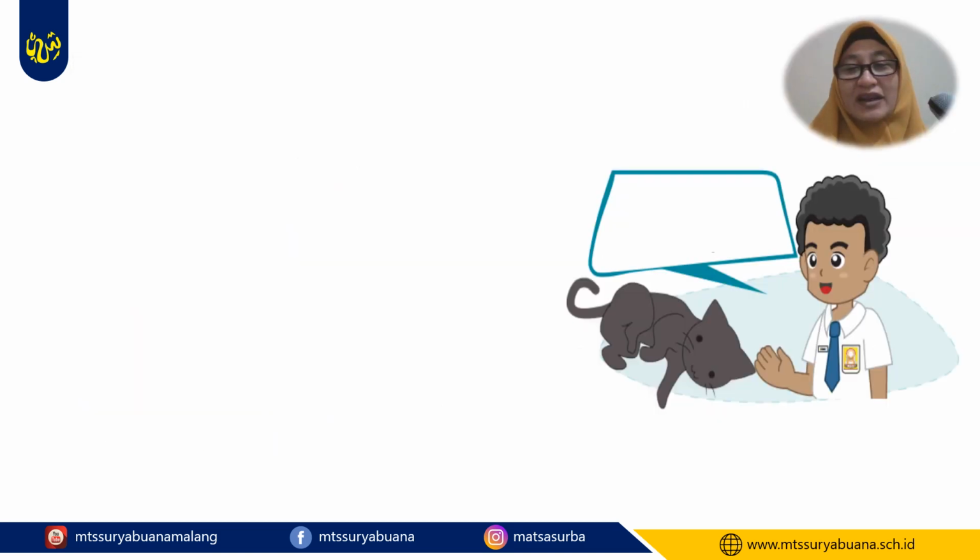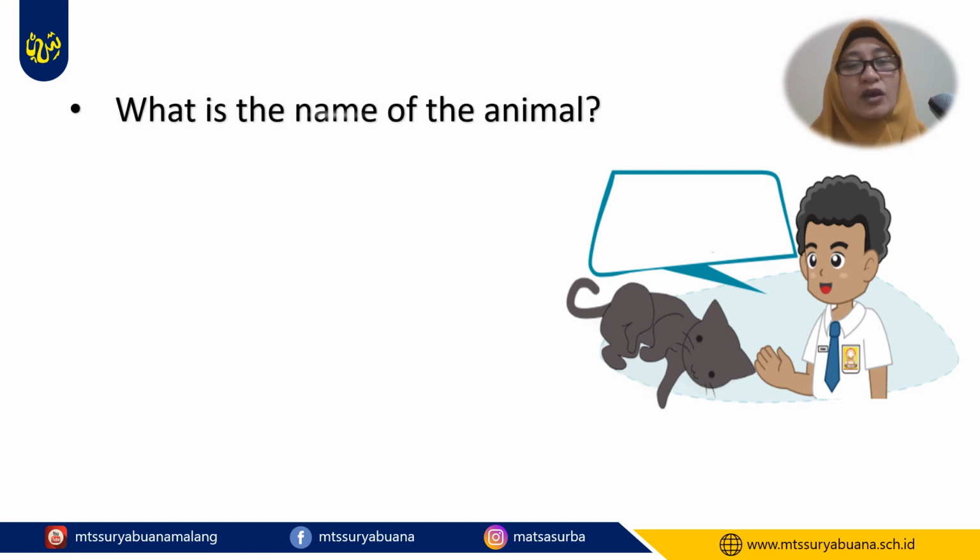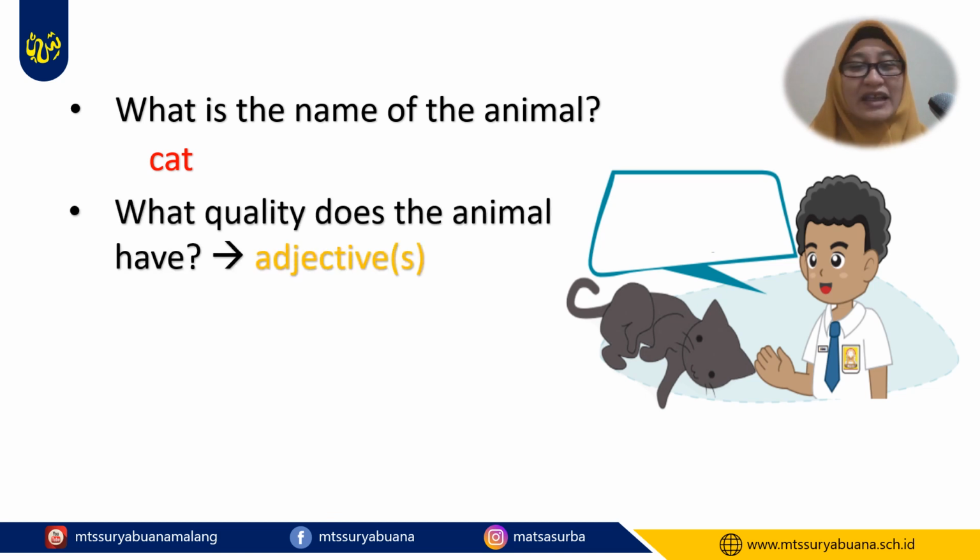Right. Next, what about this one? Let's start the first question. What is the name of the animal? Great, cat. It's a cat. Now the next, what quality does the animal have? Again we use adjective: black.